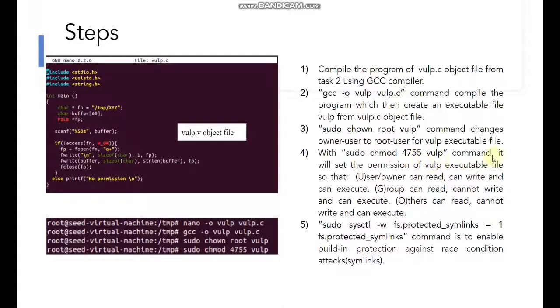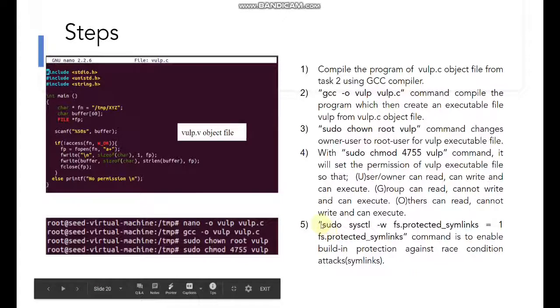4755 valve command will set the permission of the valve executable file so that the user, you, who is also the owner, can read, can write, and can execute. But the group, the G, can read, cannot write, and can execute, and all the others can read, cannot write, and can execute.